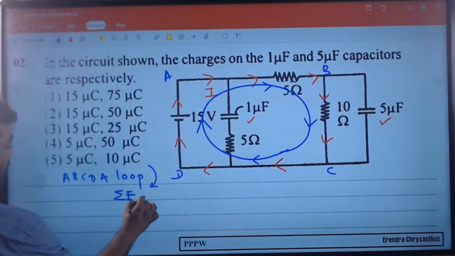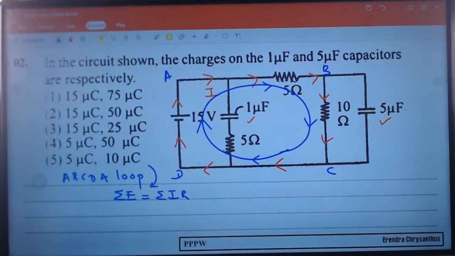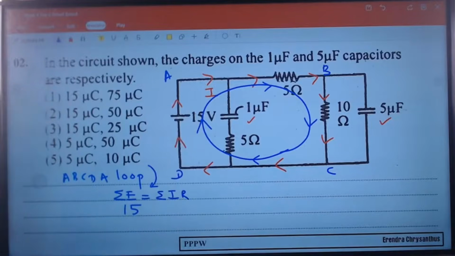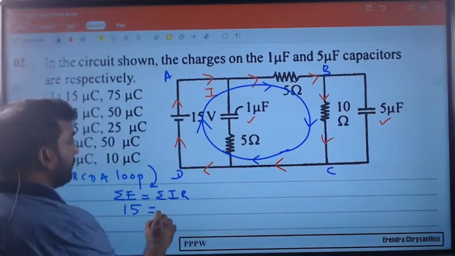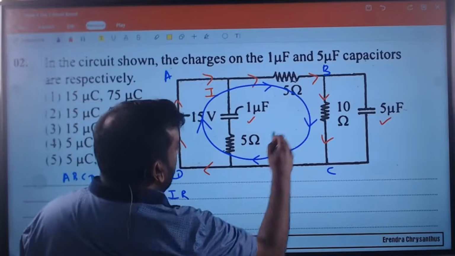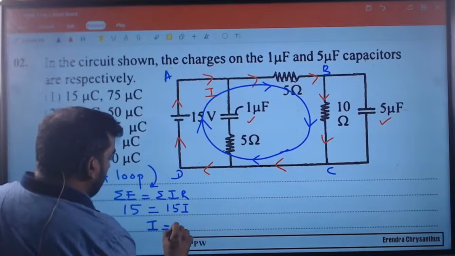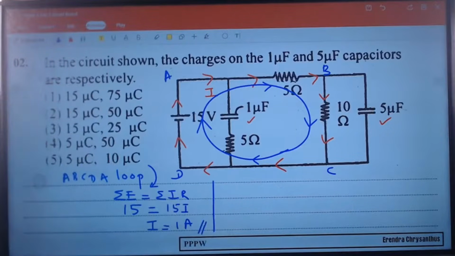Sum of EMF equals sum of potential differences. Here minus 15, here plus 50. Minus to plus, positive. Loop direction and current direction are the same. So 5 and 10, 15. 15I, the current is equal to 1 ampere.